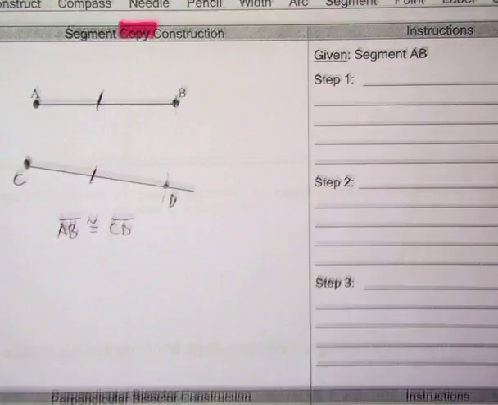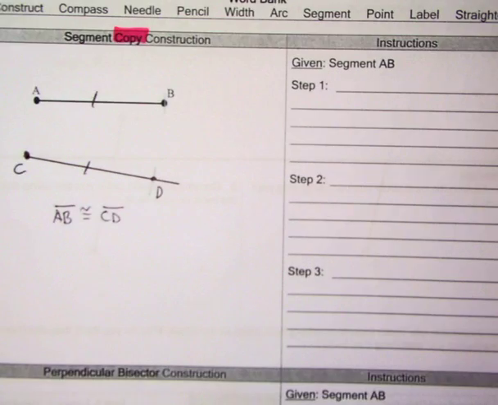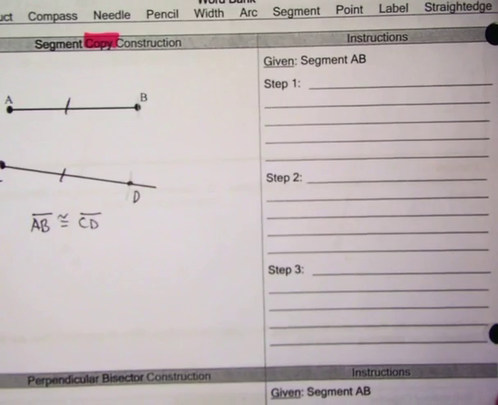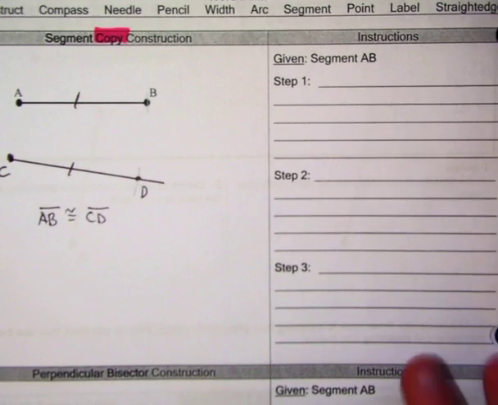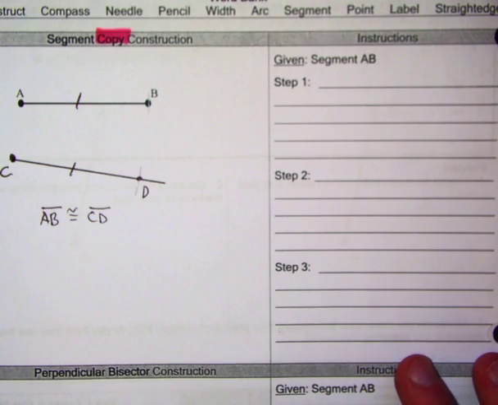If I was to try and write a story about this, and this is really important because I can assess it, see if you know what you're talking about, by asking you to explain the steps.